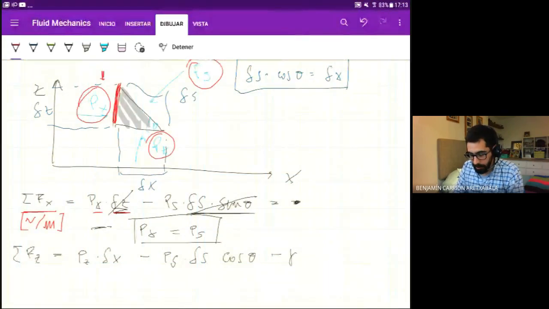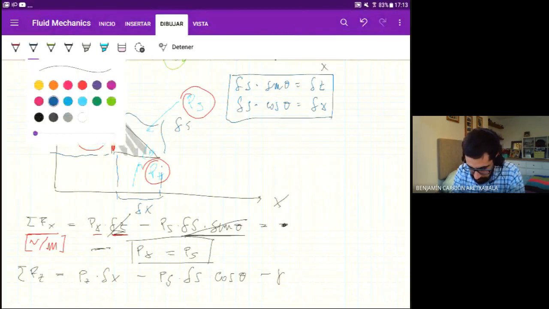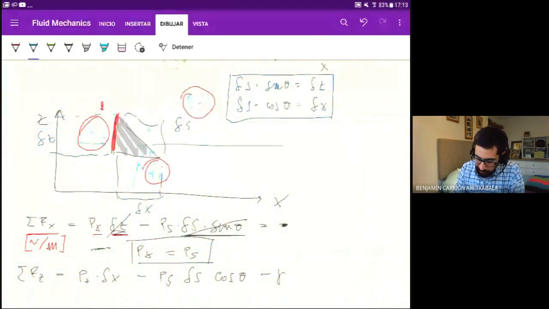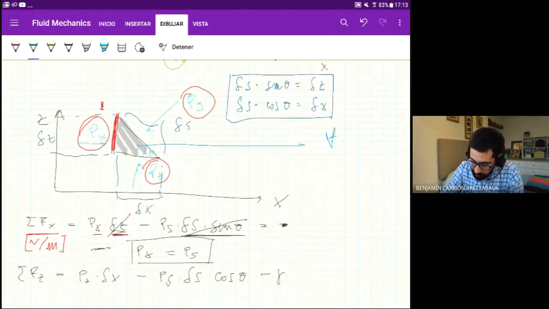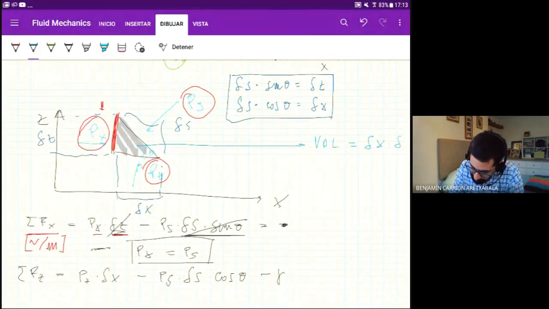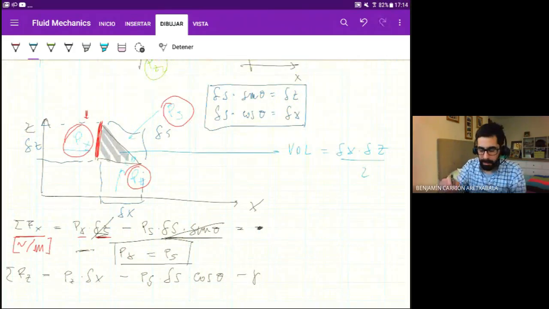No, and it's a very good question. Let me try to answer you now. So I realize this doesn't look very nice. Okay, so this wedge is a triangle that has some depth, right? So let's say the volume of the triangle is going to be the x times the z, half times 1 meter depth, right?